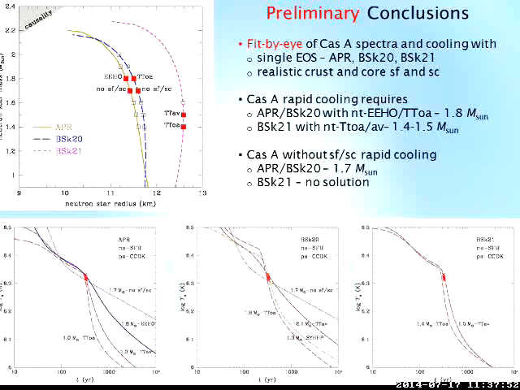You can see different masses, different combinations of the superfluid and superconductivity, trying to run through the cooling data, which is these red points here. You can constrain the mass and radius very tightly. Just going off by 0.1 in mass, you won't be able to fit it for the same equation of state and gap.